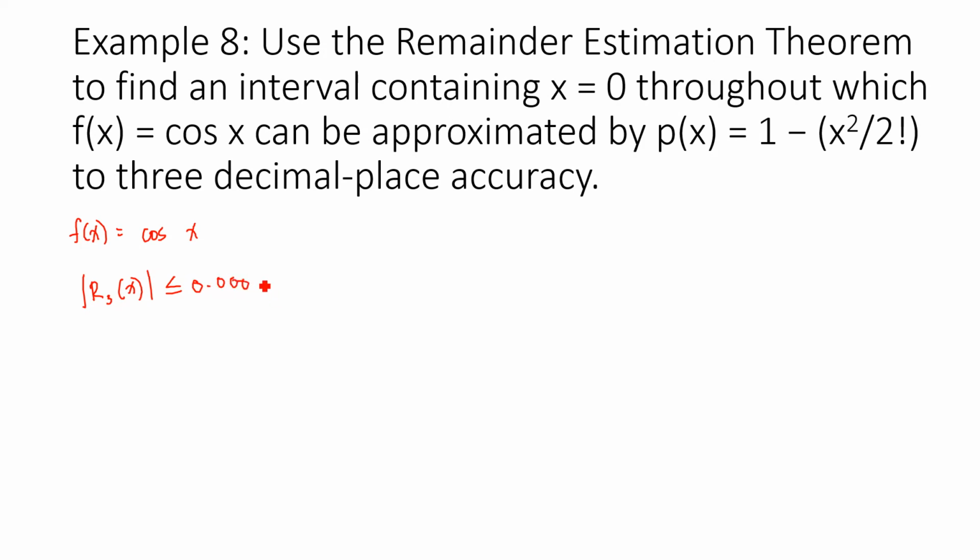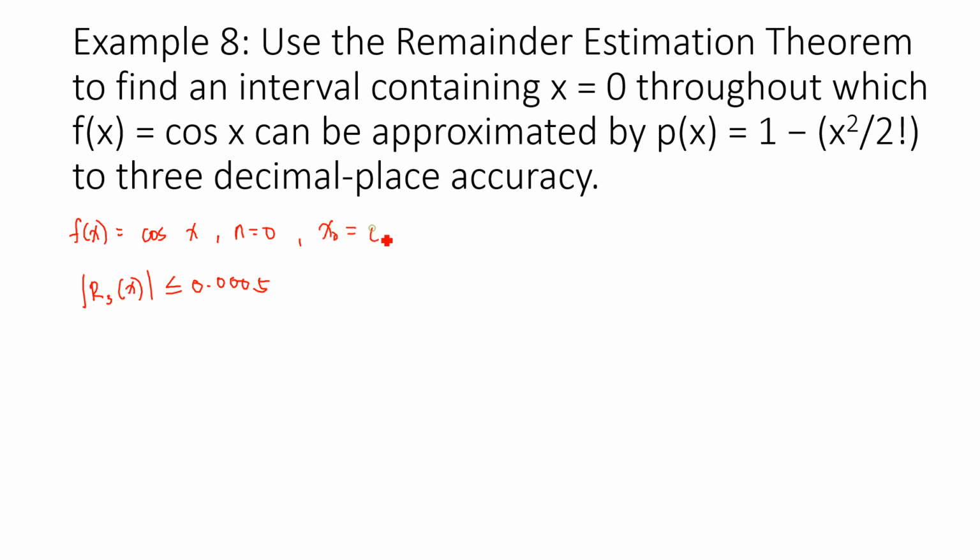So we will use the remainder estimation theorem, with f of x equals cosine x, and our n would be 3 at x of 0 equal to 0.